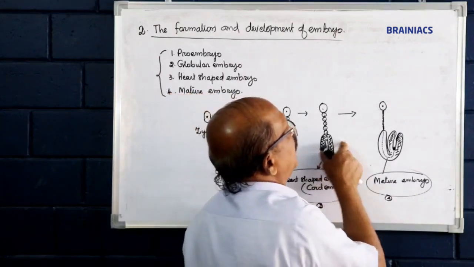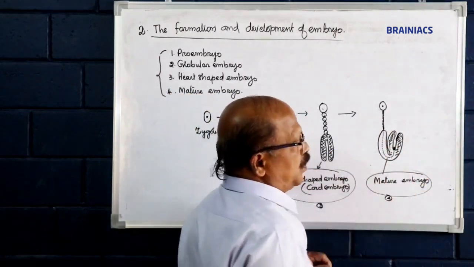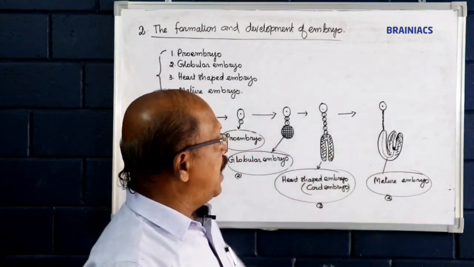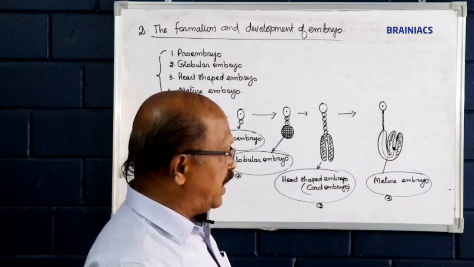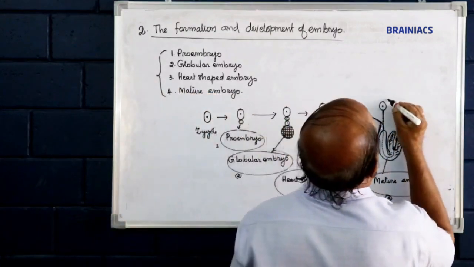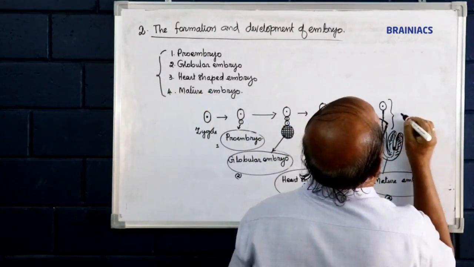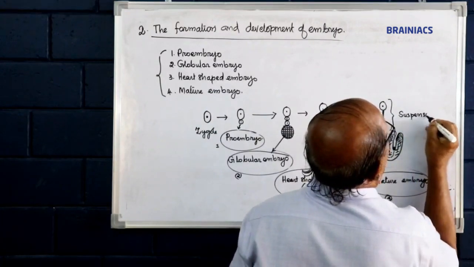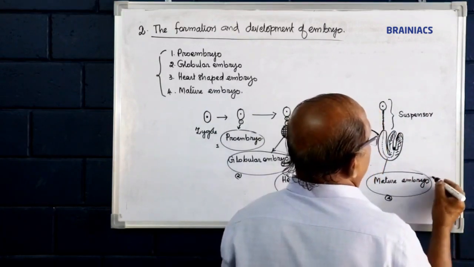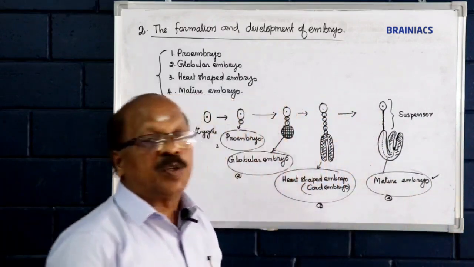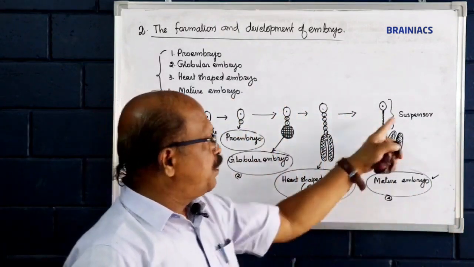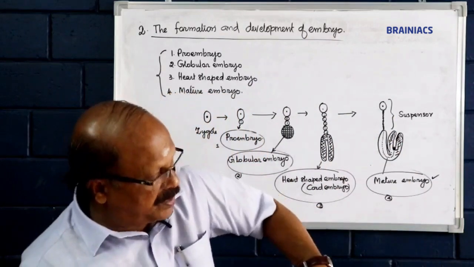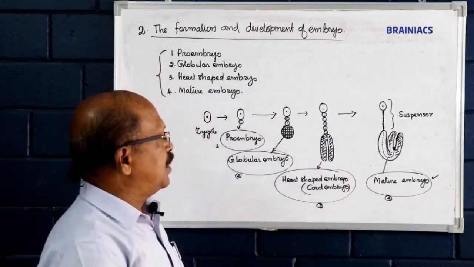So this embryo becomes curved towards one side, and the other cells become disintegrated, and it becomes the suspensor. Suspensor suspends the mature embryo. This is curved back like this.